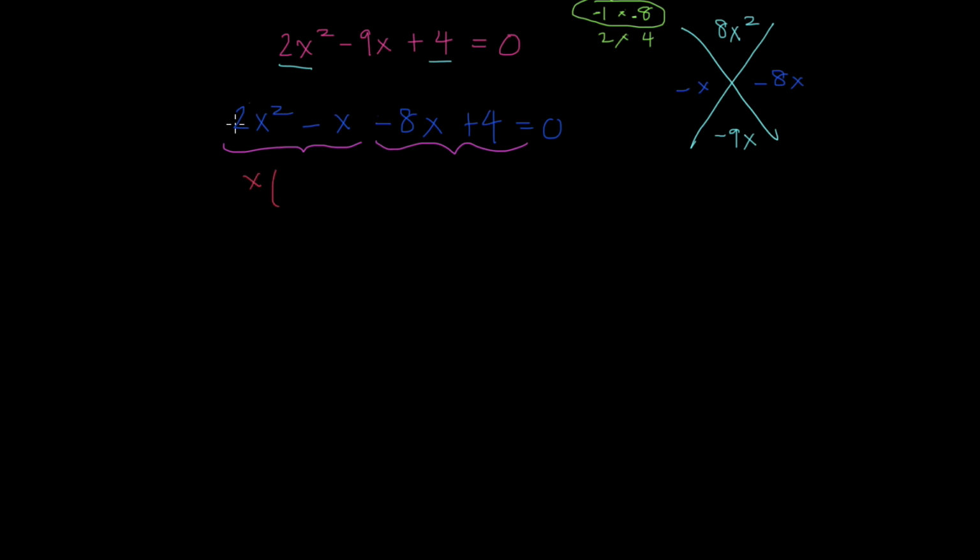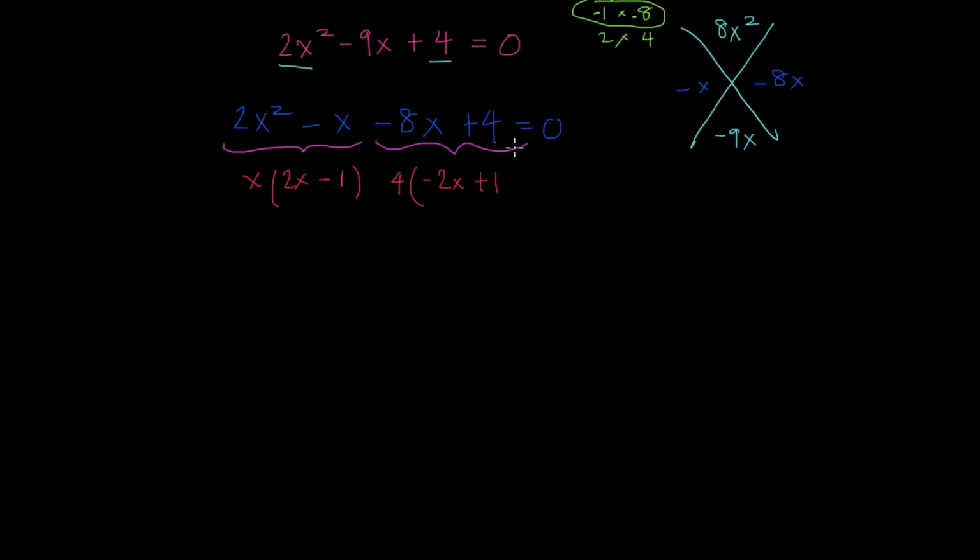In the first term, I'm left with 2x, and in the second term, I'm left with -1, right? Because I want my x times -1 because I want a negative x here. And then in my second two terms, my common factor would be a 4.